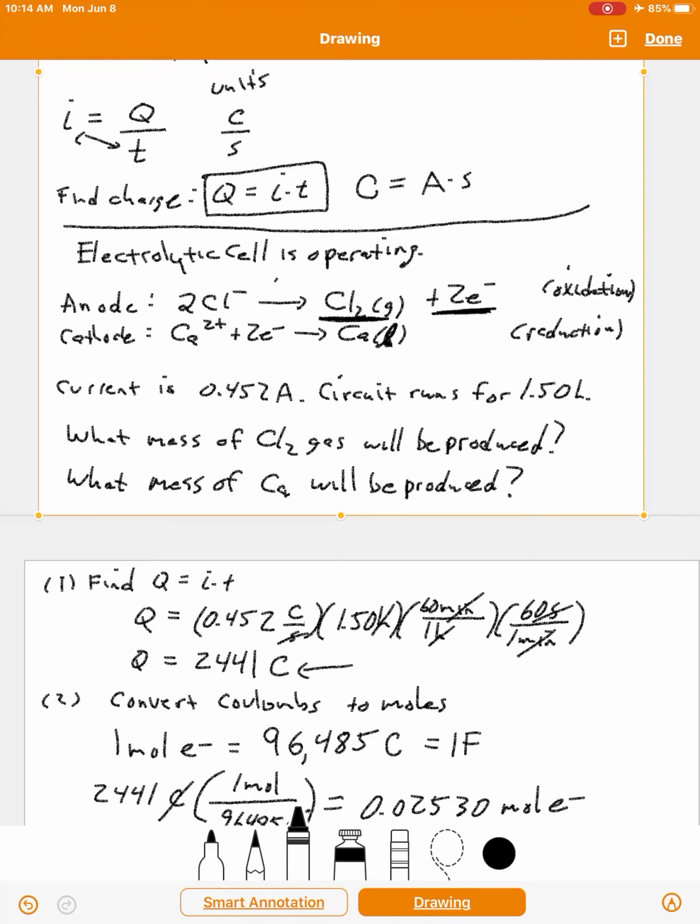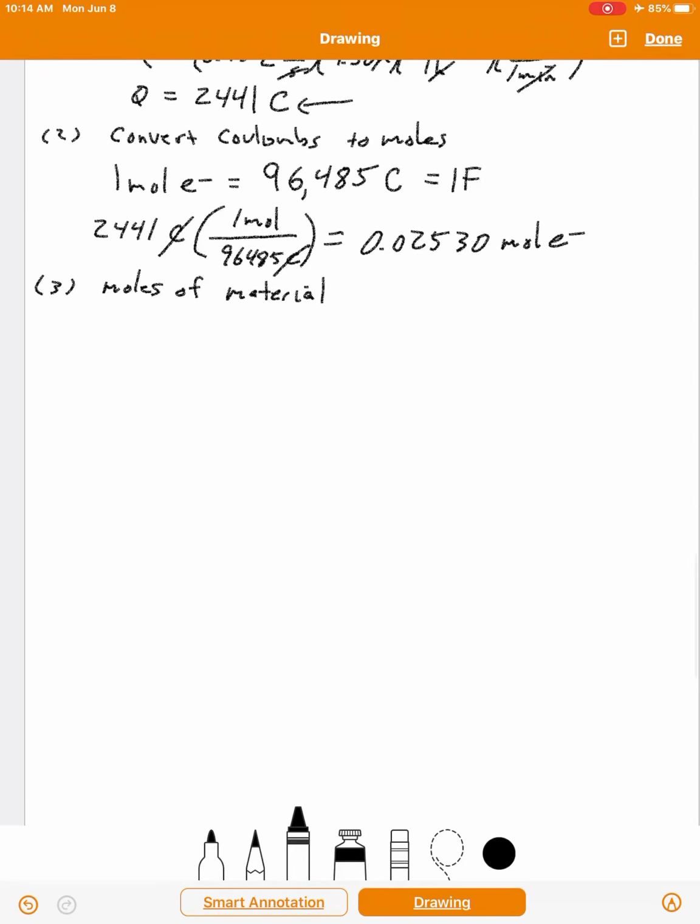And every time 2 moles of electrons are used, it gives you 1 mole of calcium. So for both chlorine and for calcium, the ratio is 1 mole of the substance we're interested in for every 2 moles of electrons.